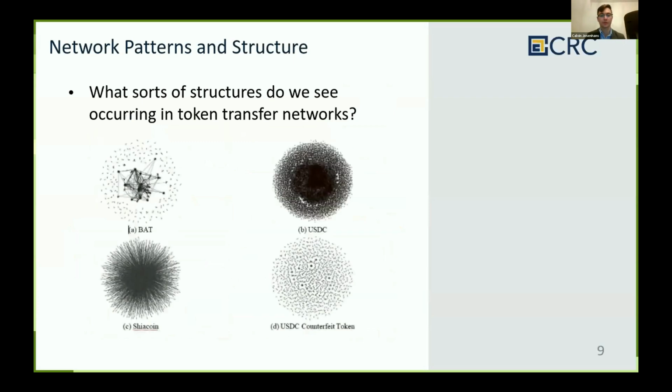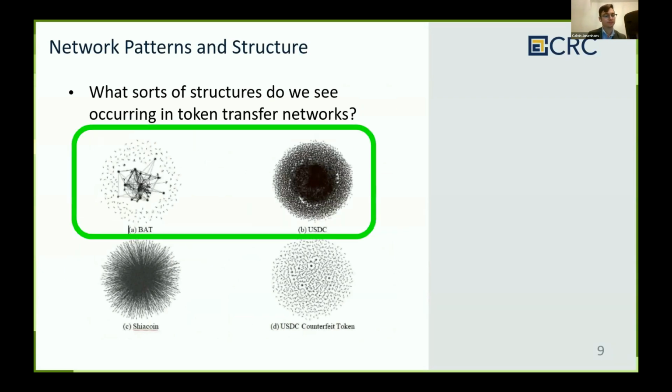Here are some of the networks of the tokens that we considered. These top 2 were legitimate in our data set. BAT is a token associated with the Brave browser, if anyone's familiar. It's the token that browser uses. And USDC is a common stablecoin that tracks the value of the US dollar.